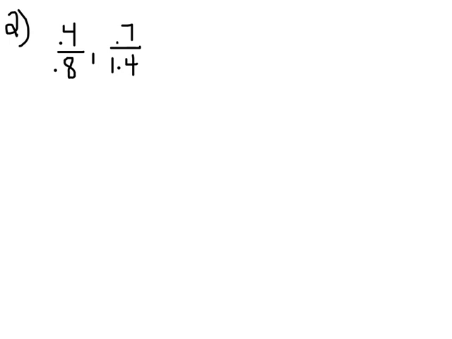In example 2, we'll be saying if these two ratios again form a proportion. So we have 0.4 over 0.8, and then 0.7 over 1.4. Another way of determining whether these are a proportion is to cross multiply.